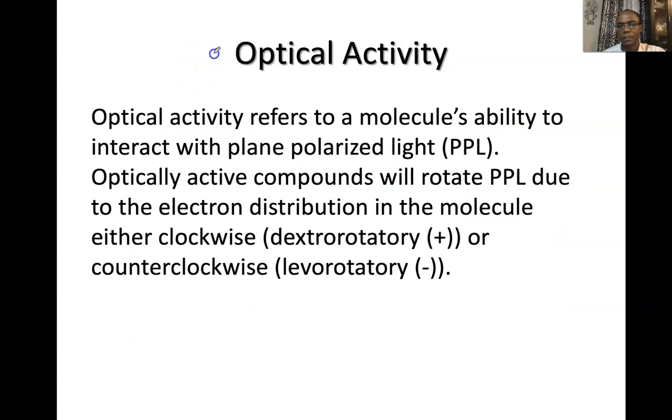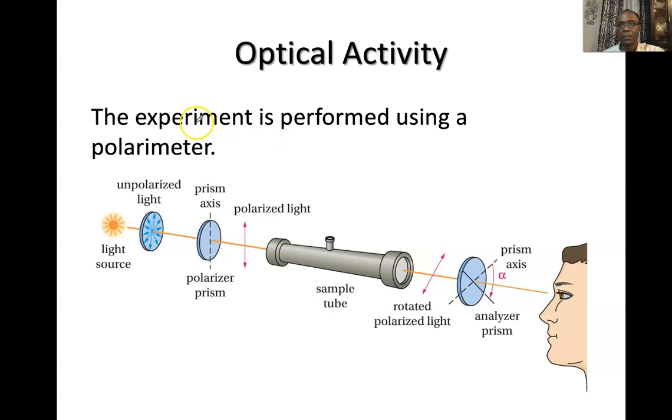So optical activity relates to a molecule's ability to interact with polarized light in an instrument. If the polarized light is turned to the right, it's called dextrorotatory, or to the left, it's called levorotatory. But I want to tell you that in your book or in the PowerPoint, don't worry about optical resolution.